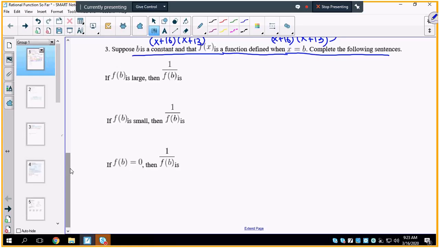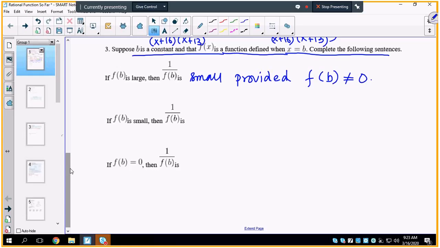If you have a non-zero large number, then 1 over f(b) is going to be a very small number. So I will say if f(b) is large, then 1 over f(b) is small. But remember what I said as well, provided f(b) is not equal to 0. This is one thing in rational functions we're going to be careful about all the time. The denominator can never be equal to 0.